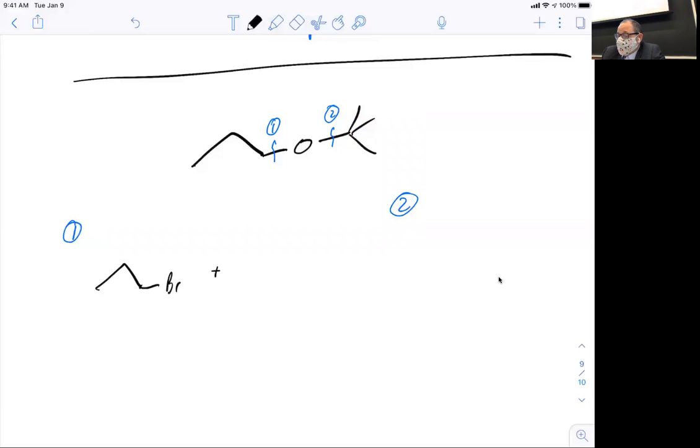Plus then I'll have the oxygen attached to the other side, which is this tertiary carbon. Then if we look at break 2, that means this is the alcohol, and this is my substrate.